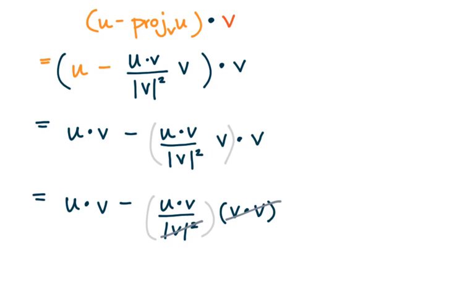And if we have them on the top and the bottom, they cancel to 1. So this leaves me with u dot v minus u dot v. And of course, anything minus itself is equal to 0. Therefore, we've proven algebraically, we've manipulated u minus the projection of u onto v, dotted with v, and shown that those two are equal to 0. And that dot product being equal to 0 means that those two vectors are orthogonal.